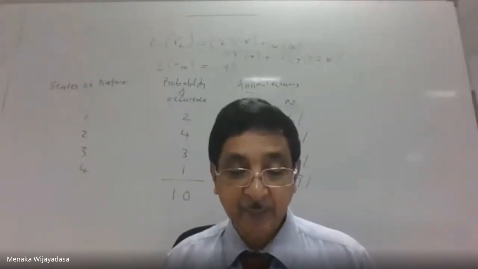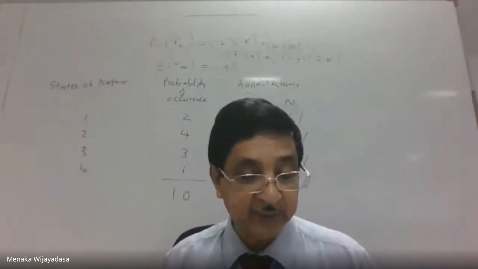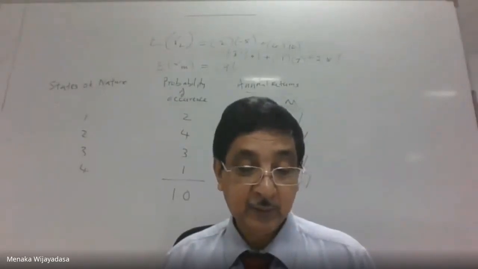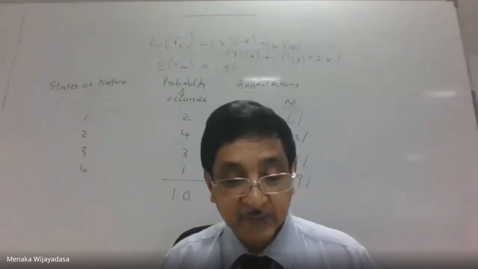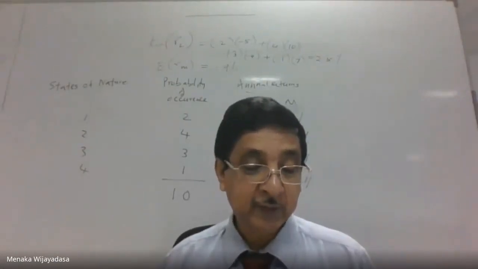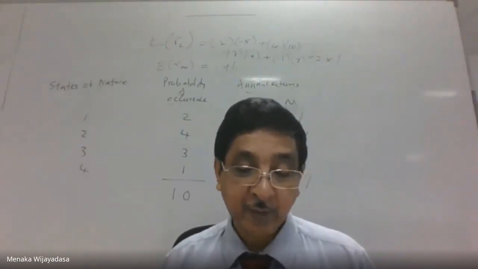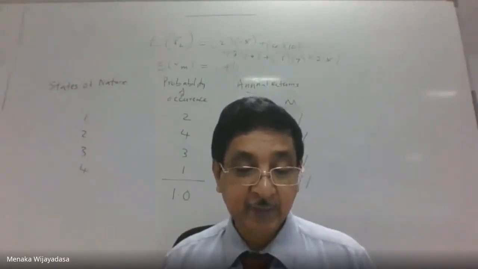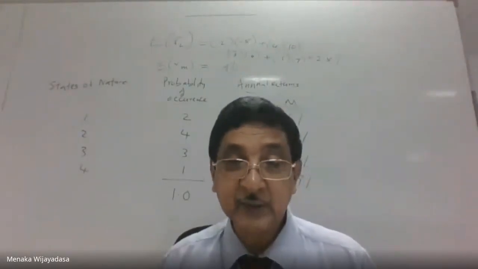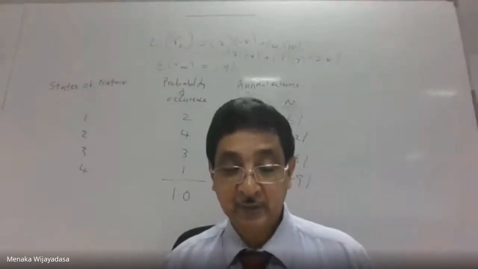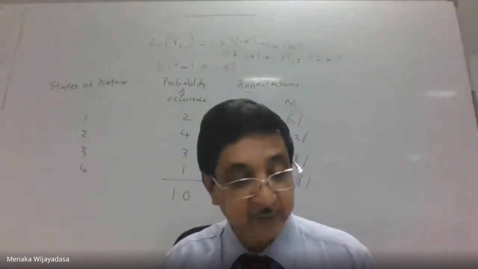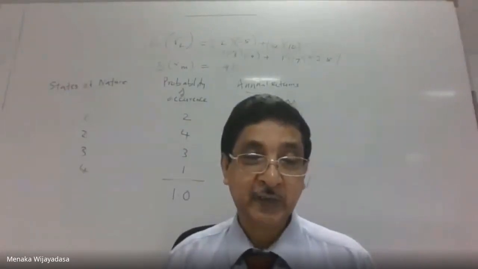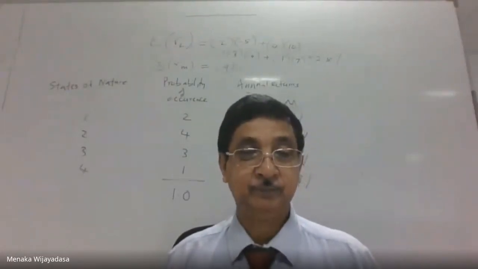Now covariance LM is given by the multiplication of RL minus ERL and RM minus ERM, that is column 4 and 5. It has to be multiplied with column 1. That multiplication comes to the 6th column. If you get the total of that, you will get the covariance of LM. So that is how this calculation is done.